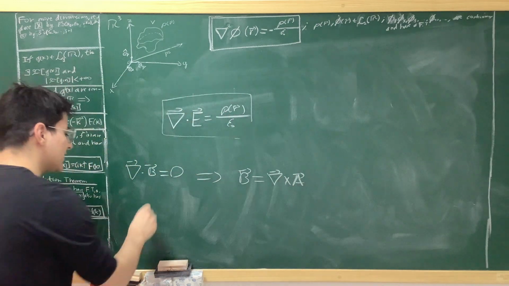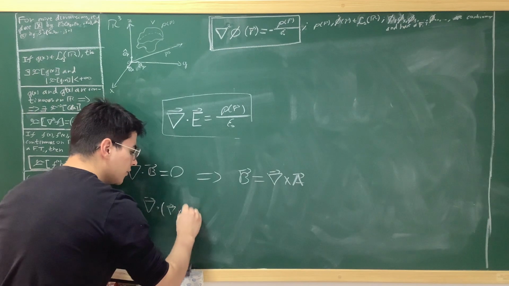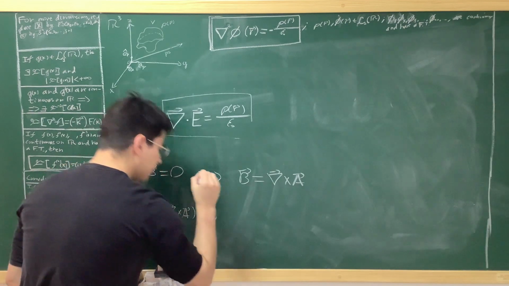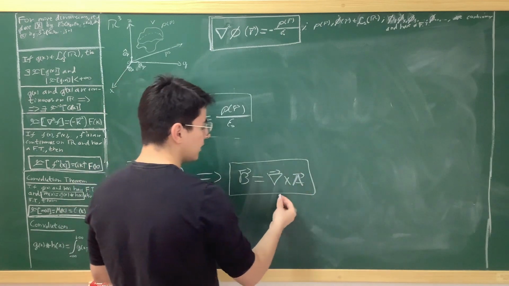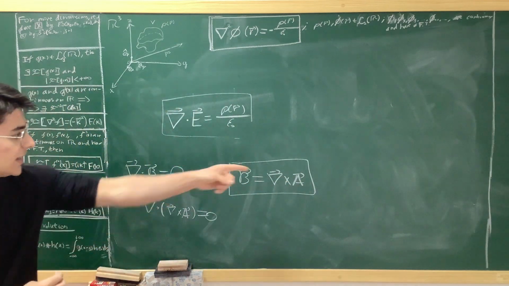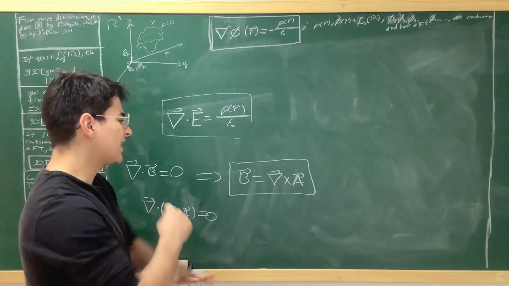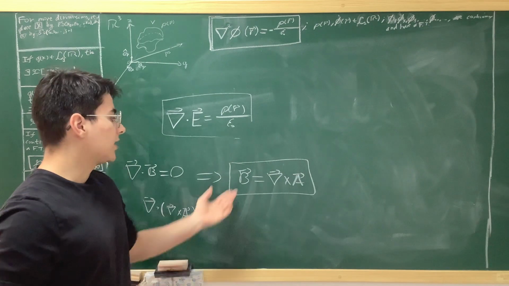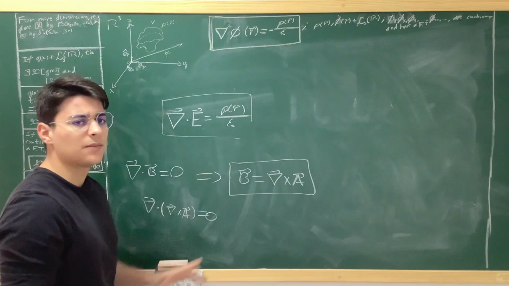Because if we replace this here, the divergence of any curl, I will prove this in other videos, is just 0. So there is some vector A that satisfies that this curl is equal to B. And this is called the magnetic vector potential. We are assuming that in this case there's no magnetic vector potential and no magnetic field, so this will just be zero. But let's just keep this in mind.